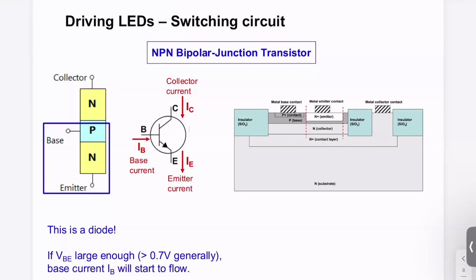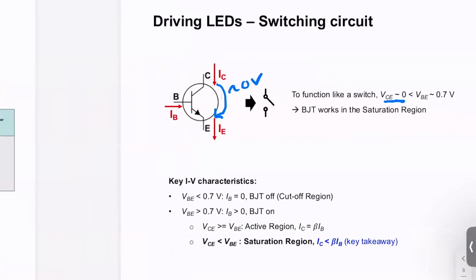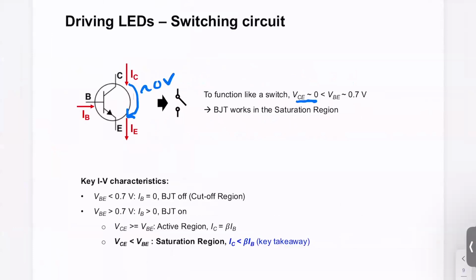Okay. So what matters for the BJT is just the potential difference across either the base and the emitter or the collector and the emitter. And depending on which is higher, the current will flow from that junction. Say that again.